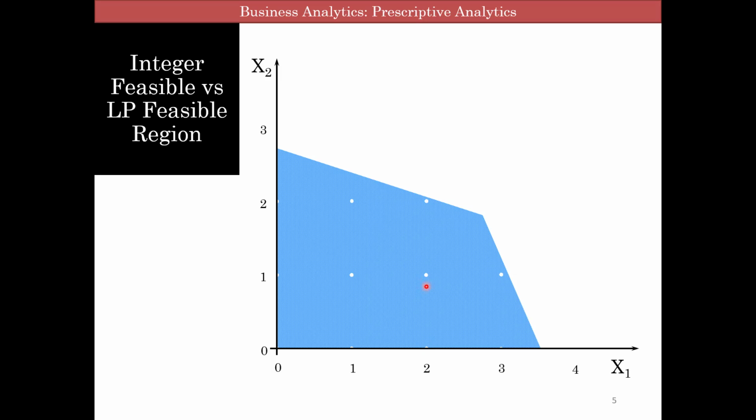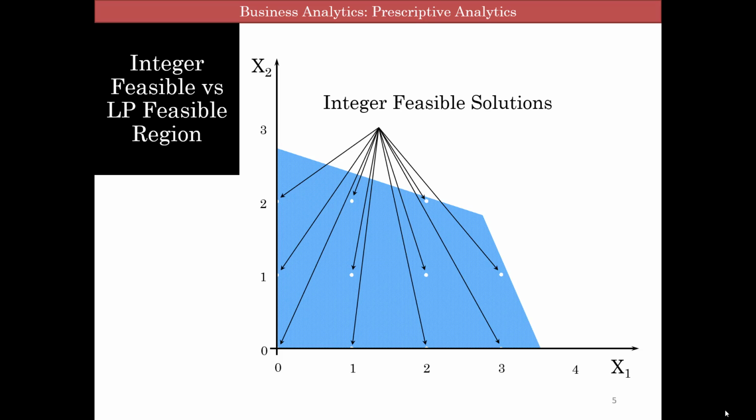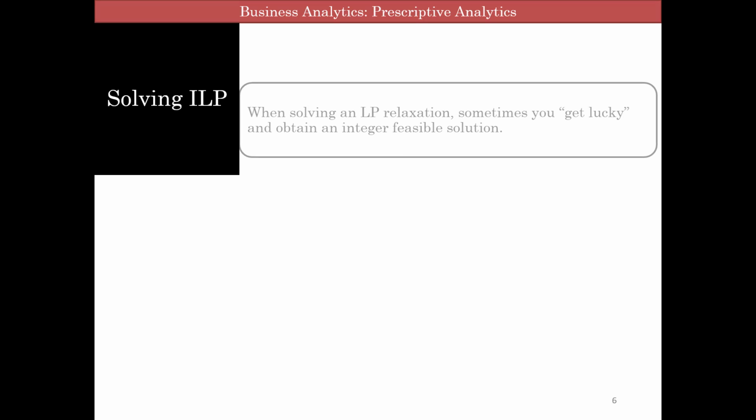It could be (2,1) and (2,2), or it could be (3,1). And of course here, (0,2), (0,1), (0,0), (1,0), (2,0), (3,0). So these could be the integer feasible values. Sometimes when you solve a linear programming relaxation, you get lucky and you get an integer feasible solution.